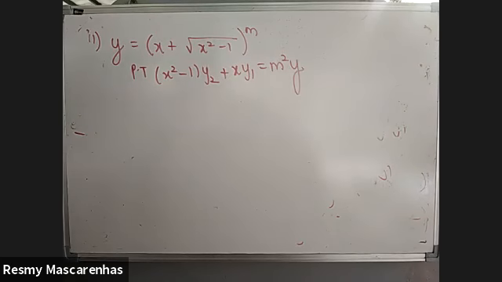Y is equal to x plus root of x square minus 1 raised to m, and prove that x square minus 1 into y2 plus xy1 is equal to m square y.